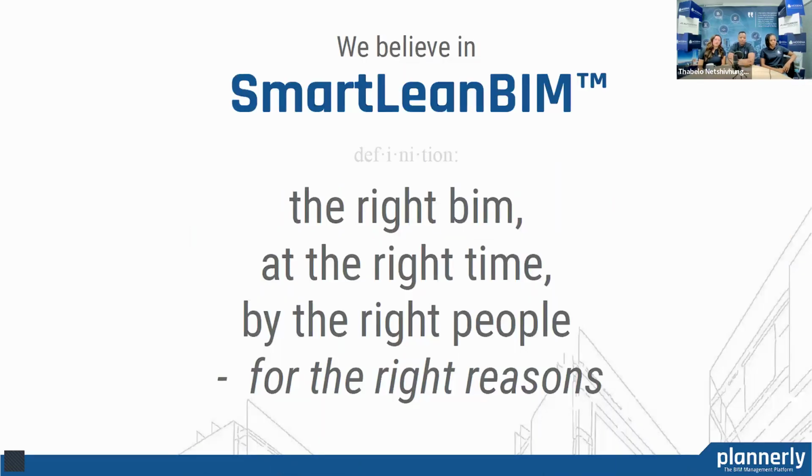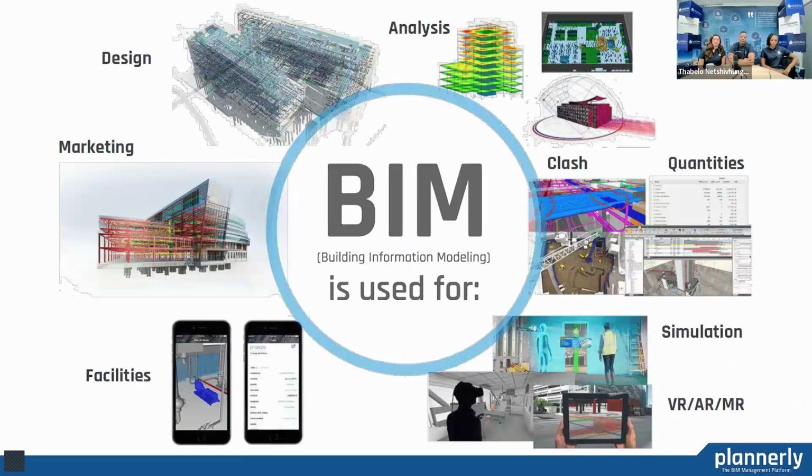And we mentioned a little bit about smart lean BIM, right? The definition for this is the right information at the right time by the right people for the right reasons. It's very difficult to actually get this done correctly on a project, because there's a lot happening on projects. Ellie and I spend a lot of time doing coordination on projects, dealing with clashes.